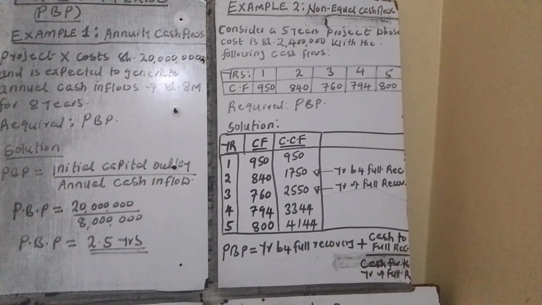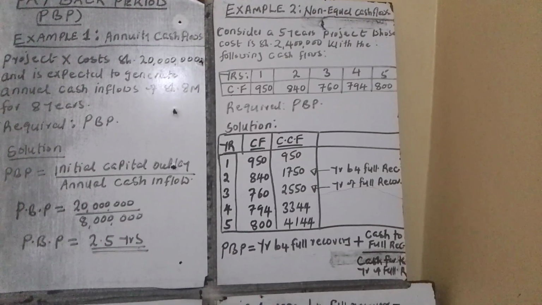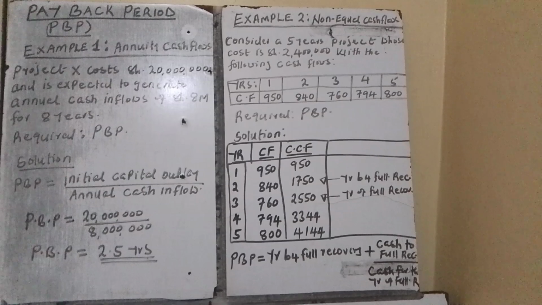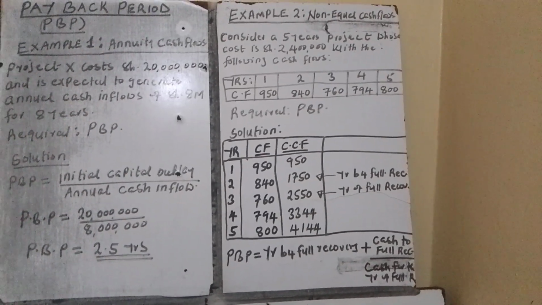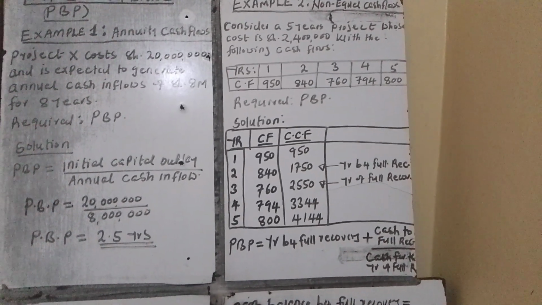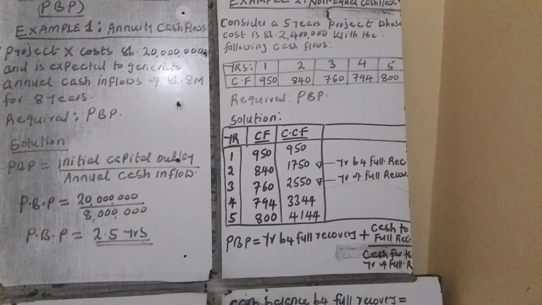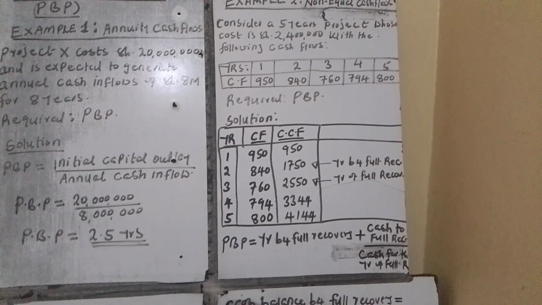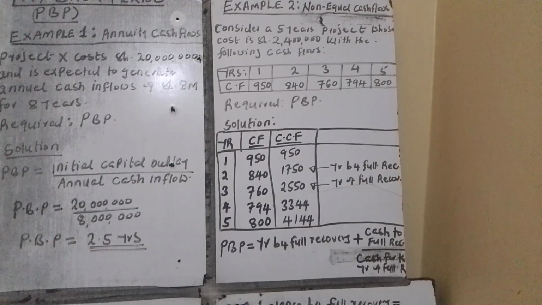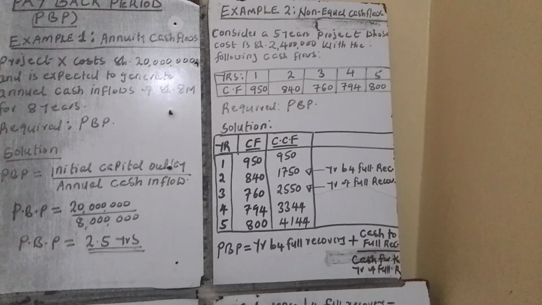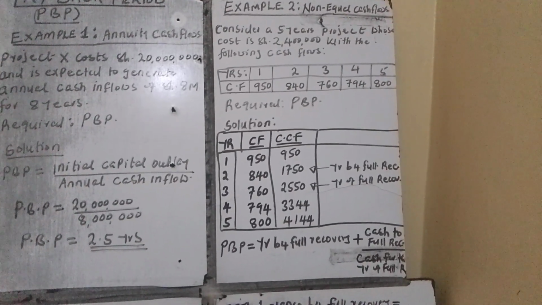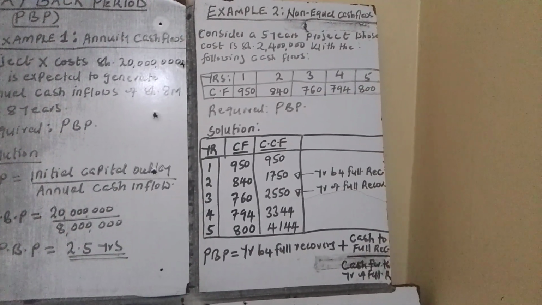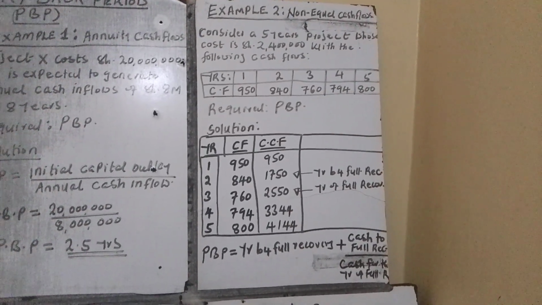The project is generating cash flows which are non-equal. For example, the first year it was 950, the second year 840, the third year 760. These are in terms of thousands, remember that. The fourth year 794,000, the fifth year 800,000. So in which year out of these years did this project generate 2.4 million?